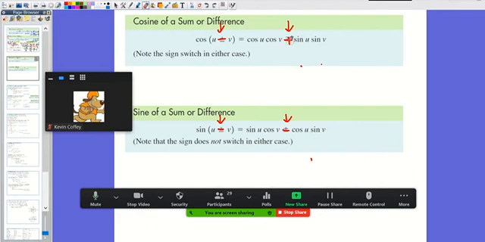It's actually really easy to use. Let's pretend that we have sine of 45 minus 15. Let's start easy. If this is minus, this is going to be minus.